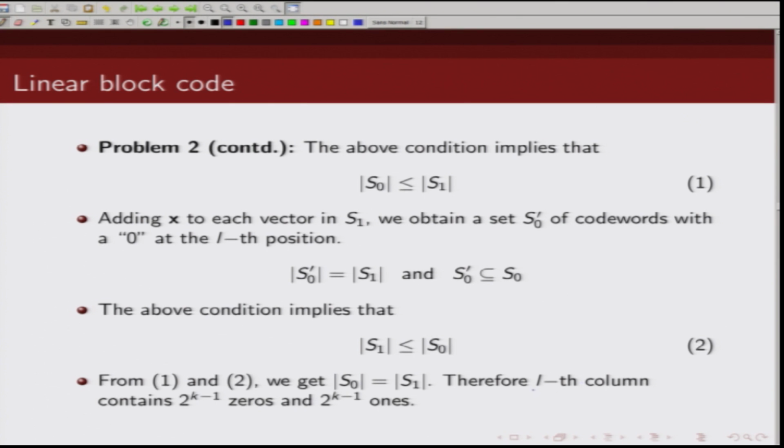So, basically each column will have the same number of zeros and ones.